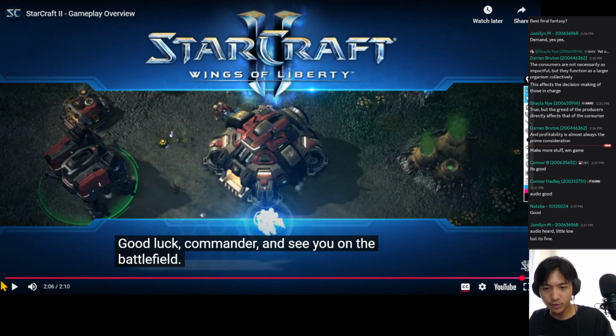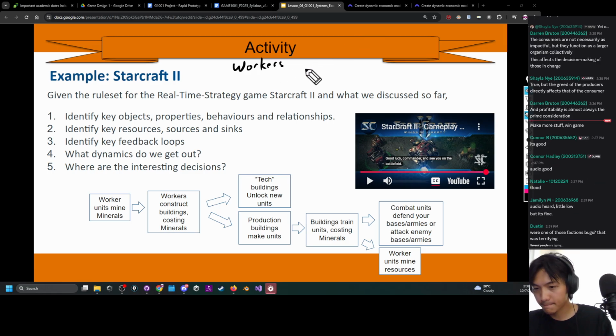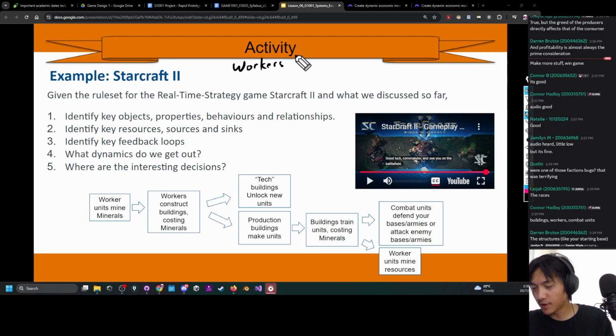Okay, so that gives you an idea of what kind of game this is. So what are some of the key objects in the game? It mentioned that you start with workers. Yeah, kind of bugs.